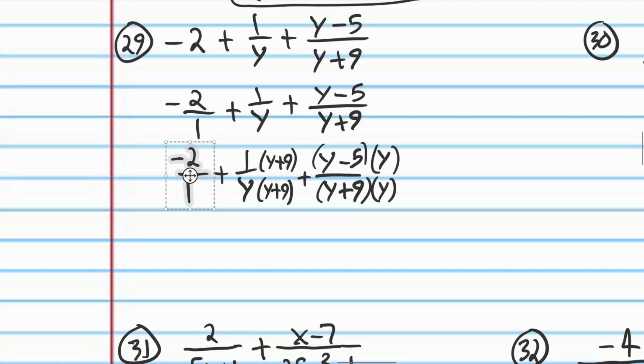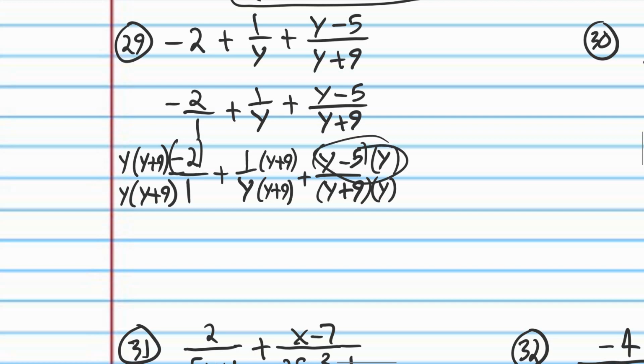It doesn't really matter what side you do it on when you multiply. I'm going to multiply both sides of this fraction by y times y plus 9, because I need both the y and the y plus 9. And I'm going to have to put parentheses around the negative 2, or else it looks like I'm subtracting.